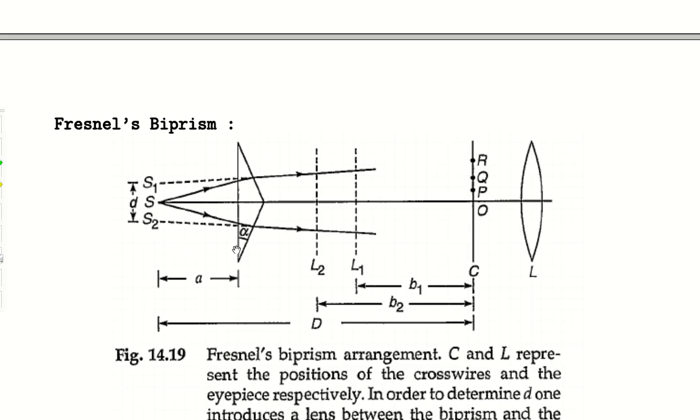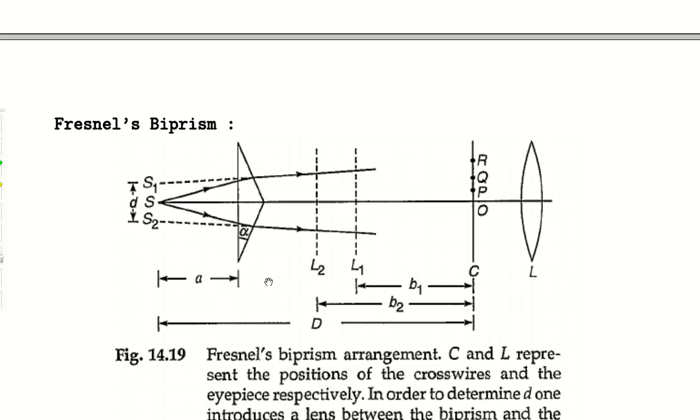Now what happens when a source of light is placed in the back of the Bi-Prism at a small distance a? The source emits light and it will travel in the forward direction, and you may get the interference fringes on the screen placed at a distance d from the source.